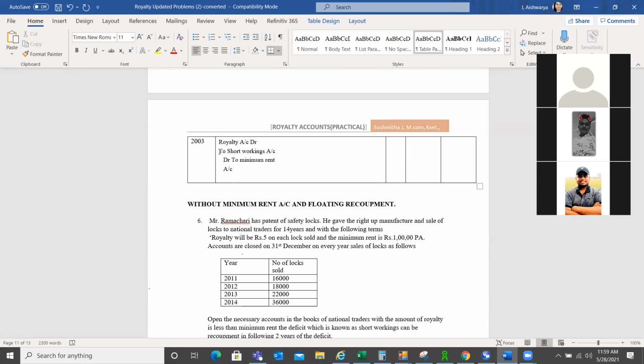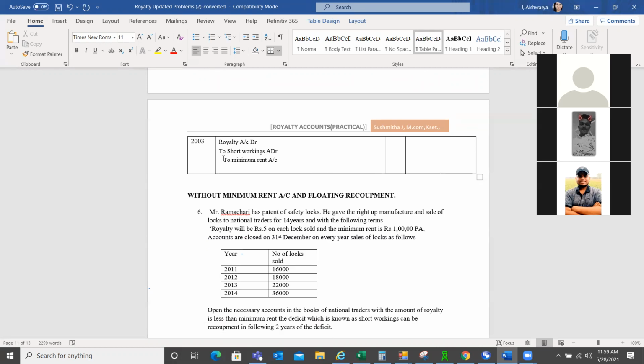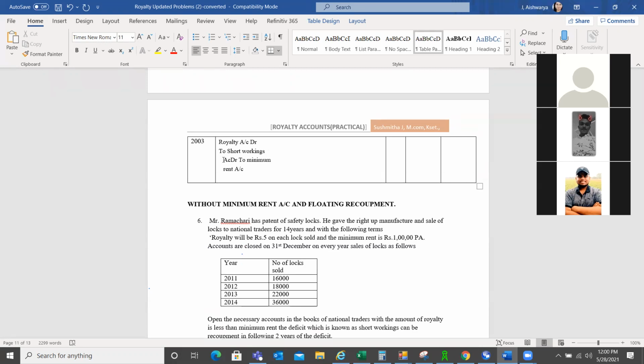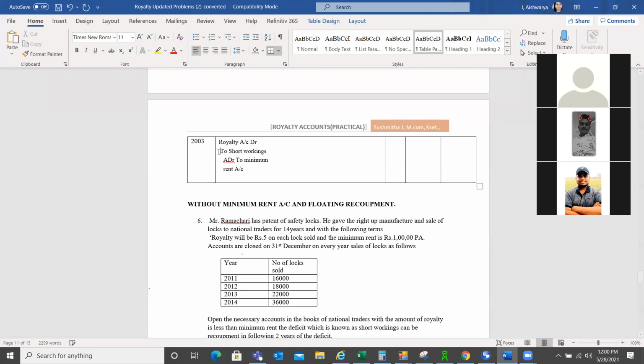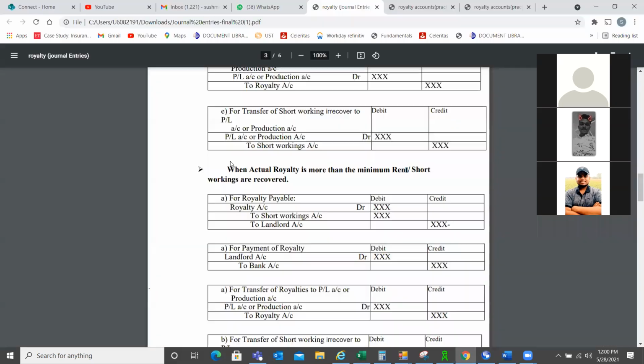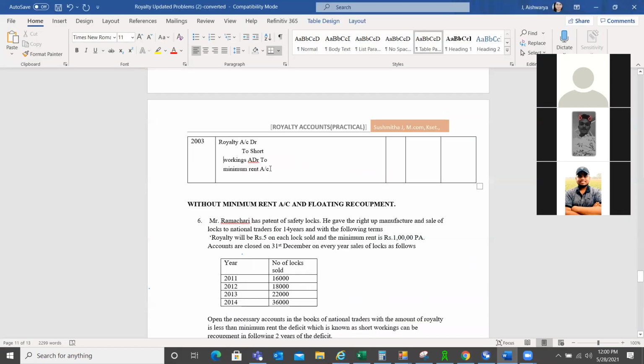What is the general entry? Royalty account debit, to short workings and to landlord, right? Yes, ma'am.